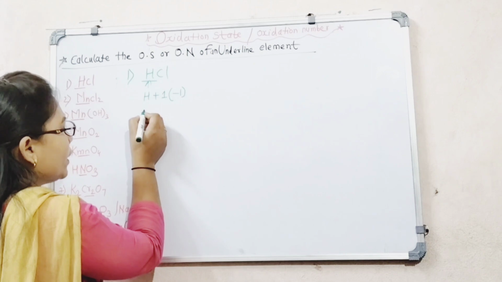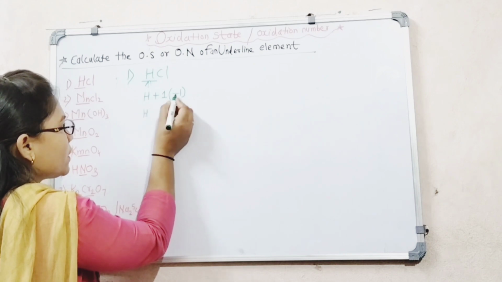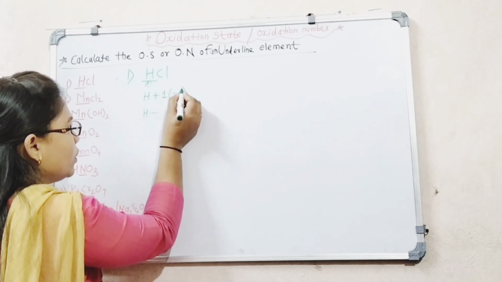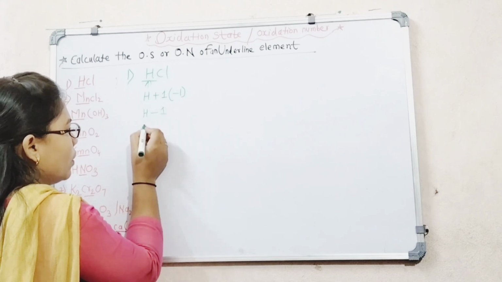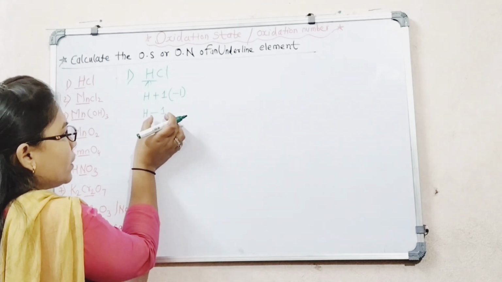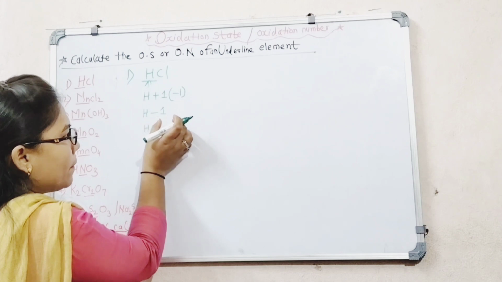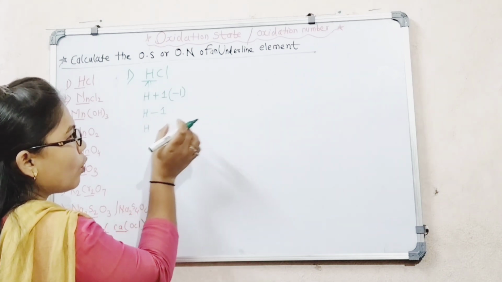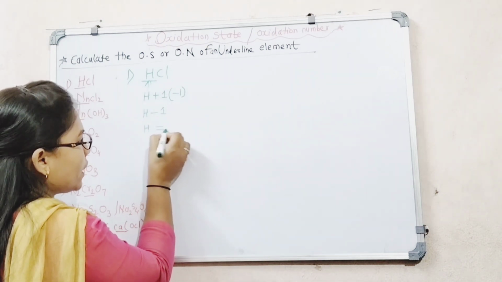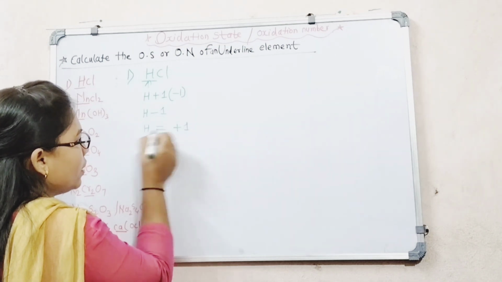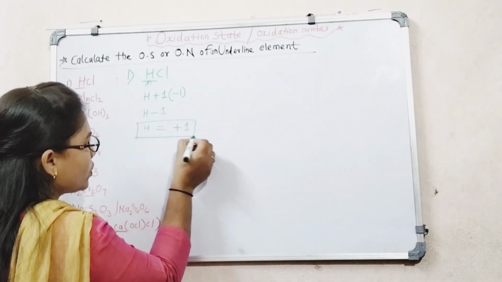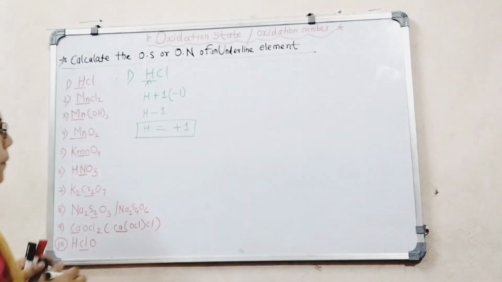Then H + (1 × -1) = 0, so H = 1. The -1 becomes +1 when it goes beyond the equal sign. So the oxidation state of hydrogen in hydrochloric acid is +1.